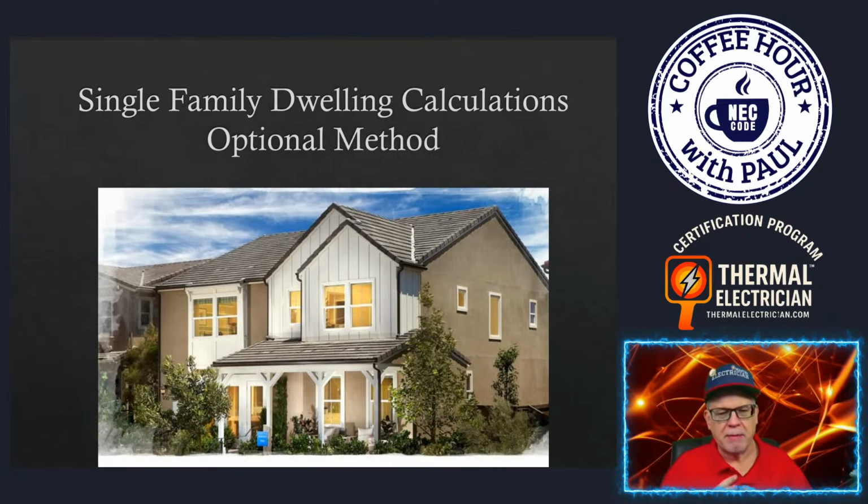Let me start out by saying this. For folks that get this confused, there's a process in the field. When I go to do a load calculation for a dwelling, I'm not going to be using the standard method. I'm just not. I'm going to be using the optional method.